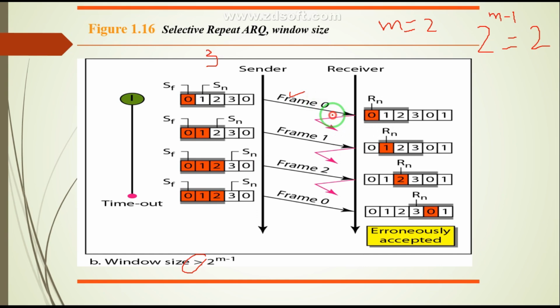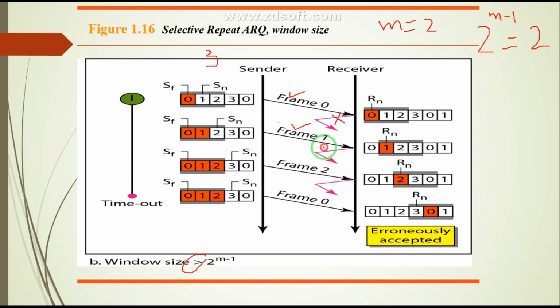But unfortunately, guys, this acknowledgement sent by the receiver is lost. Since the timer doesn't expire, the event is already triggered, and now Sn equal to 1, which means frame 1 has been sent. Since frame 1 is received, the receiver window shifts by one slot, so Rn gets equal to 2.